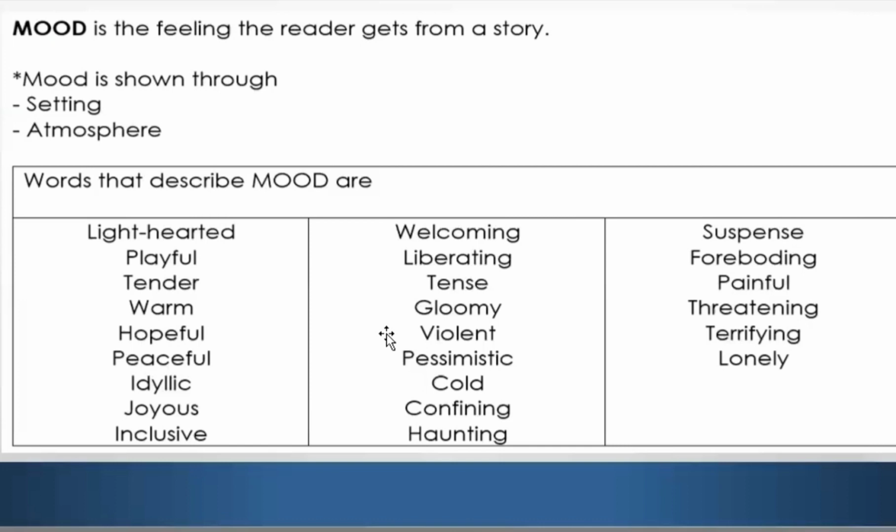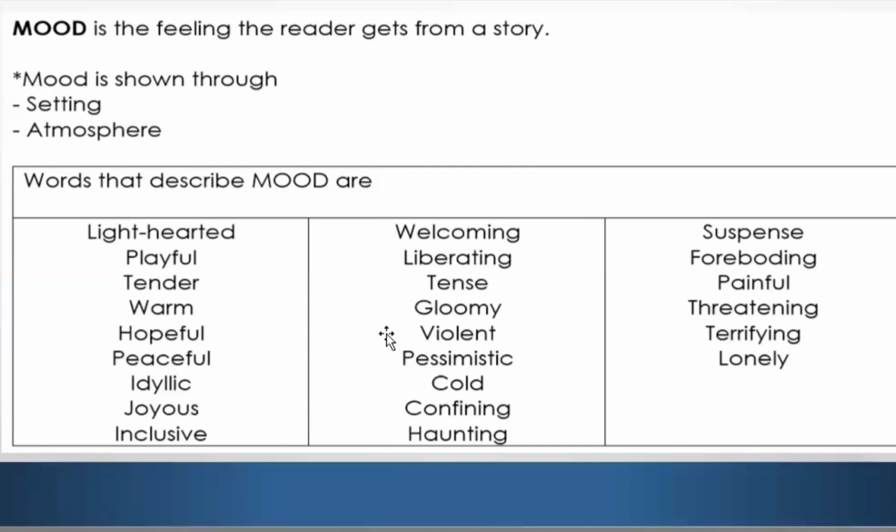We also have haunting, when you're looking for someone. There's also the word suspense. There's foreboding, painful. Painful whenever you see someone being, what do you call this, being hurt by someone else.